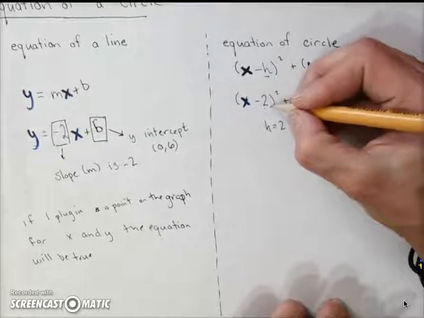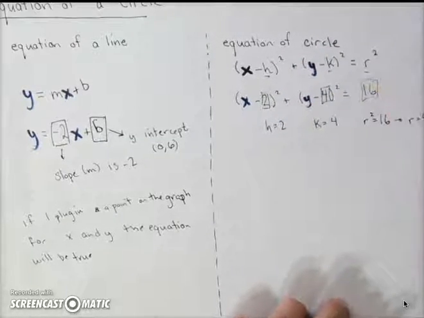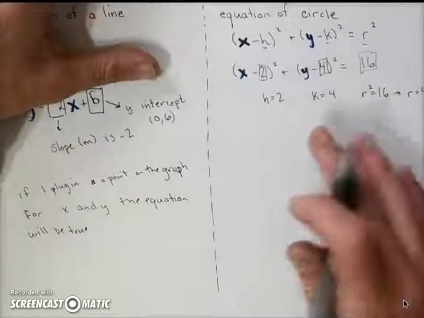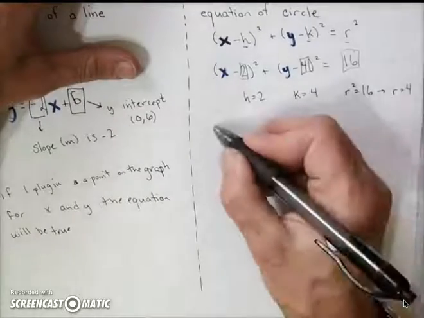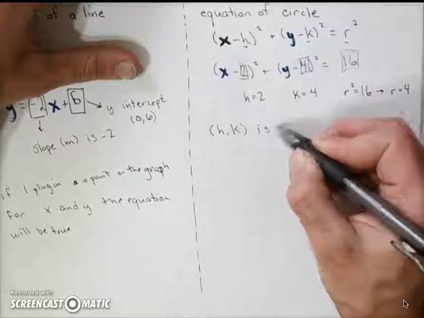So now, just like with the line, these numbers had significance. Let me tell you the significance of these numbers, h, k, and r. So here is the beauty of this equation. (h, k) is the center of the circle.